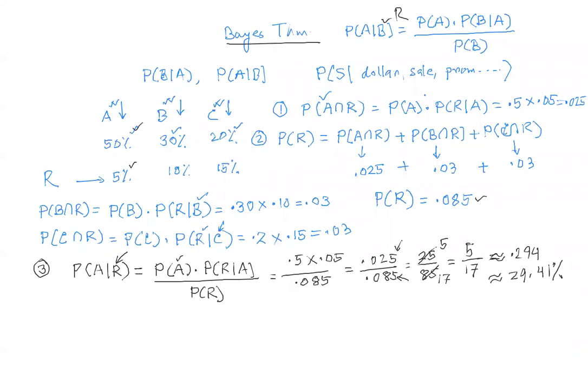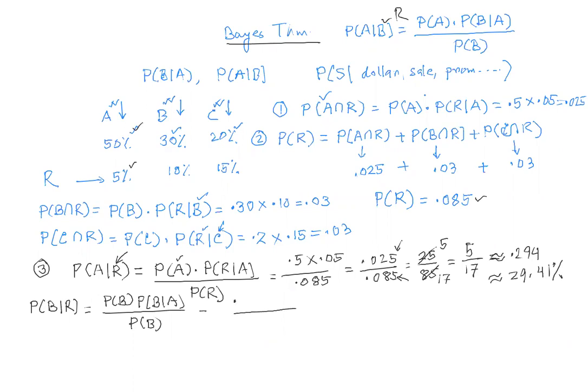Similarly, we could do the probability of staying at hotel B, given that there is a general reservation problem. So it's going to be the probability of B times the probability of R given B, all of it divided by the probability of a reservation problem. Now I just plug in these numbers.